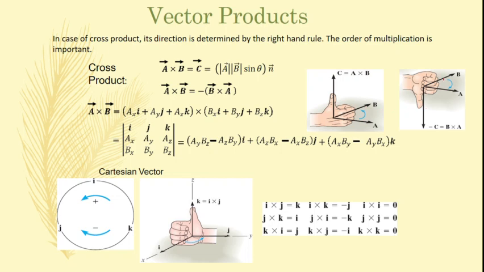If we take the opposite thing, that is B cross A, then the direction of this C is downward, because for all cases the direction of this unit vector is the outward direction with respect to the area made by these two vectors.